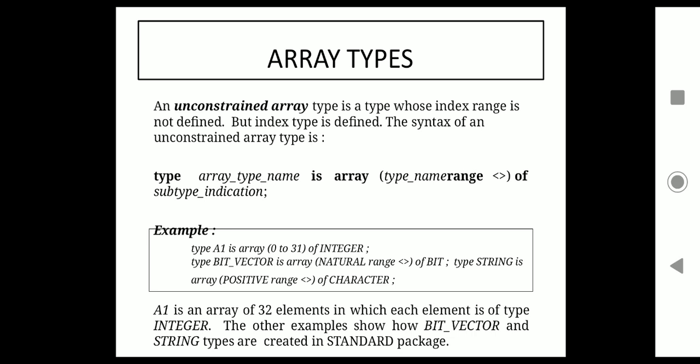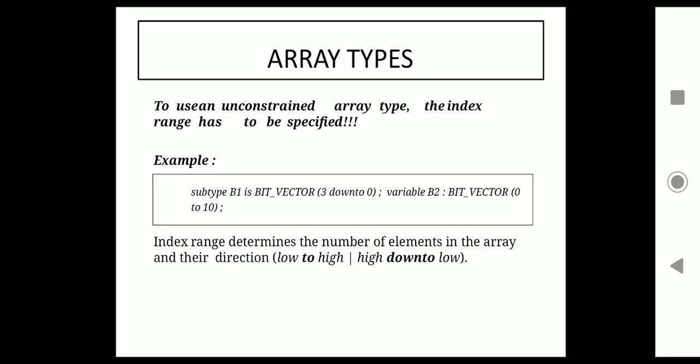Another example is bit vector and string types that are created in a standard package. So this is about the array types, constrained and unconstrained. For an unconstrained array type, the index range has to be specified, because in an unconstrained array type we are not defining any range.